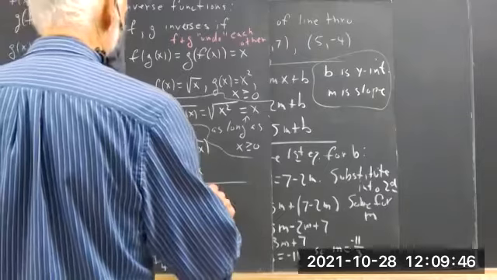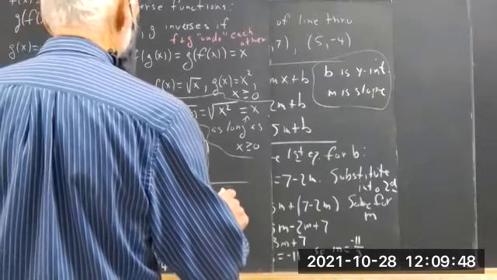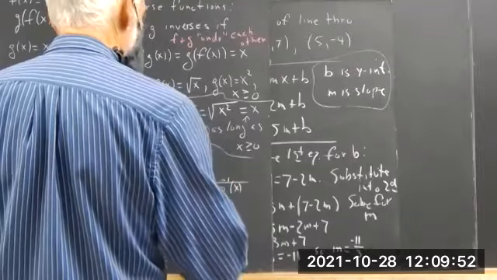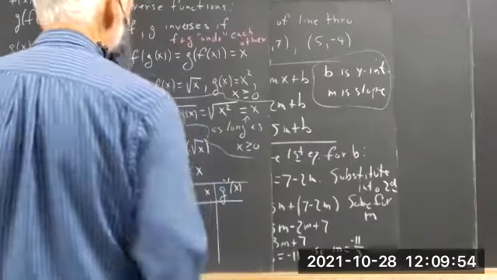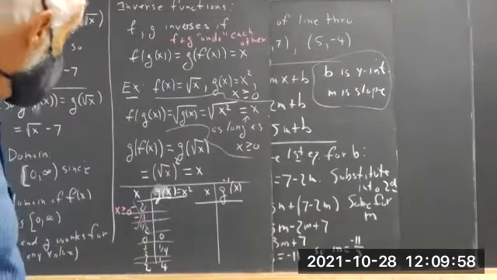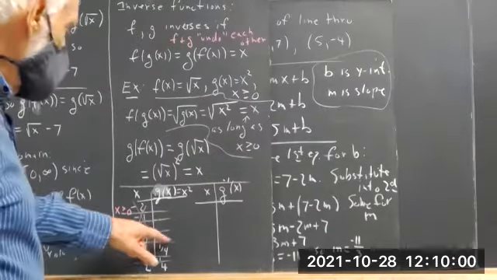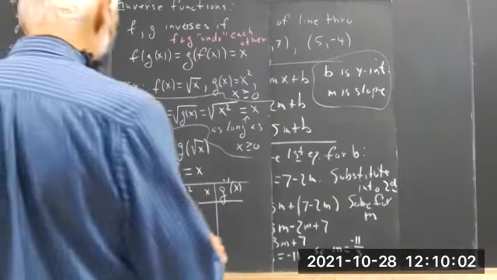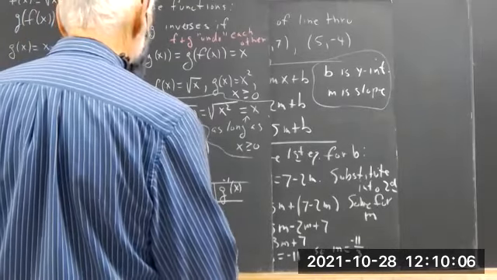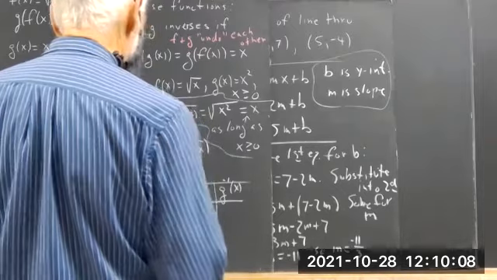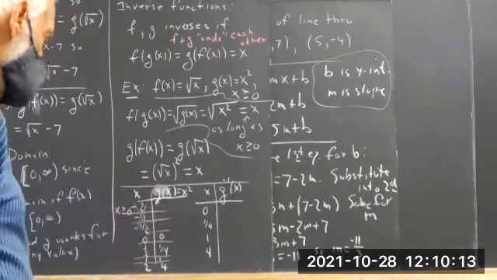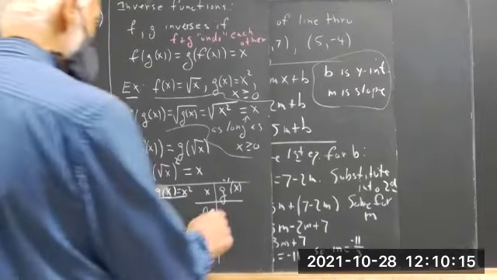To get the table for the inverse function, g inverse of x, we switch the columns. So we put down here 0, 1/4, 1, 4. Put the y values in the x column and put the x values in the y column.